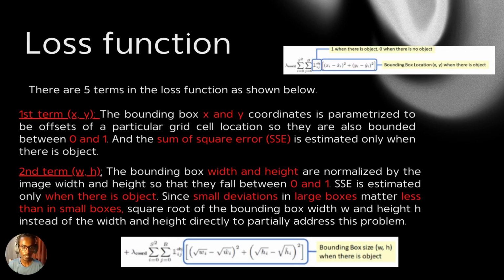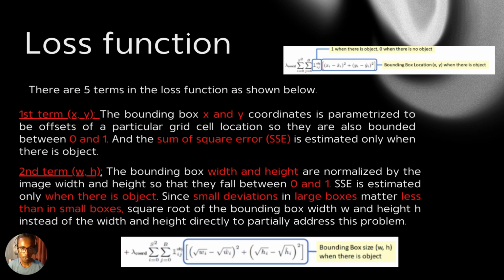A loss function is basically a function which tells us how much our prediction is deviating from the ground truth label. So if you have a true label of an image for a cat, how confident is the model? We compare the prediction from the model with the ground truth label, and we do the same for the predictions of the bounding boxes.